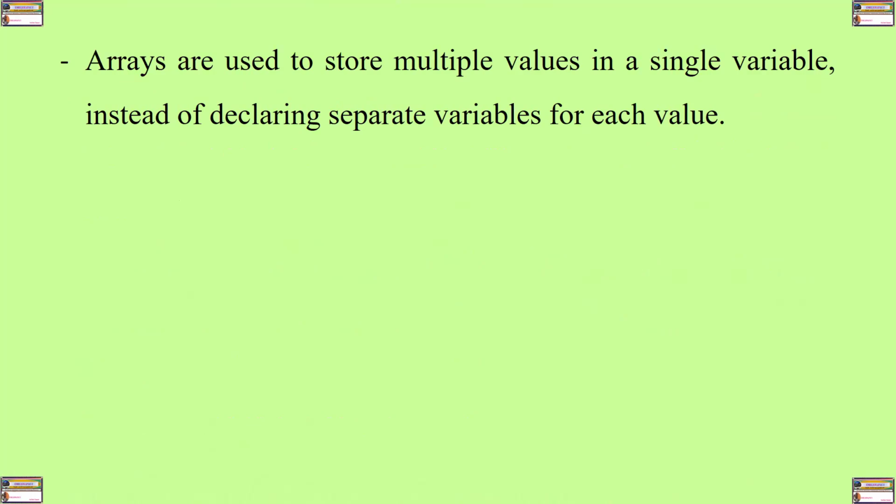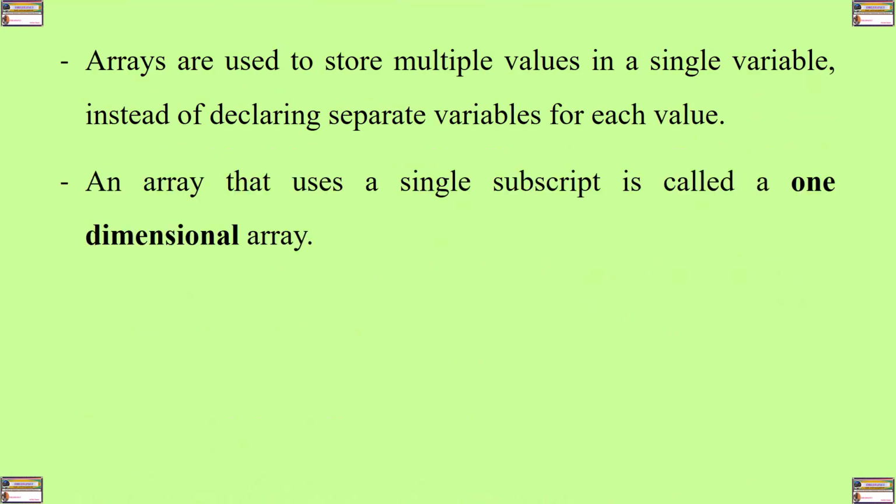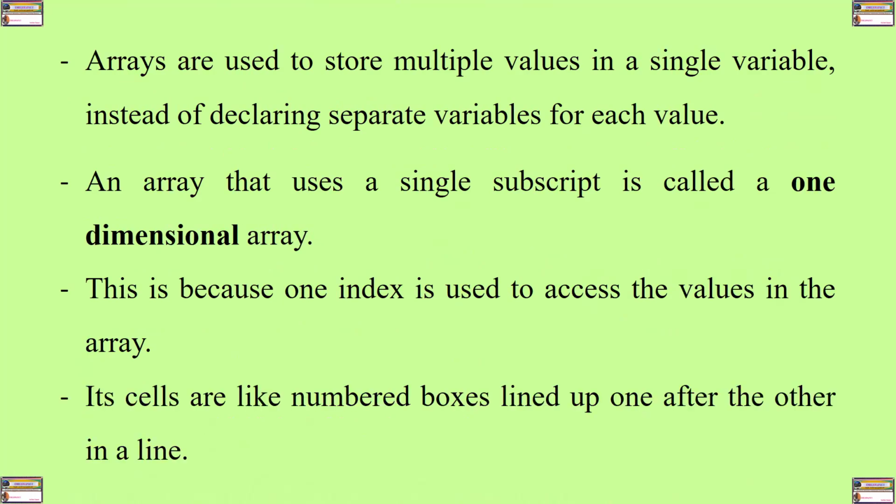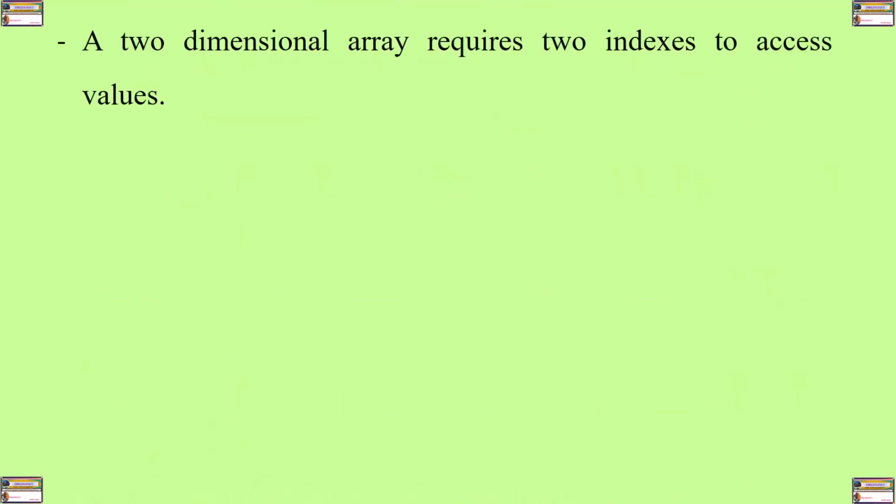Arrays are therefore used to store multiple values in a single variable instead of declaring separate variables for each value. An array that uses a single subscript is called a one-dimensional array. This is because one index is used to access the values in the array. Its cells are like numbered boxes lined up one after the other in a line, like in a post office.